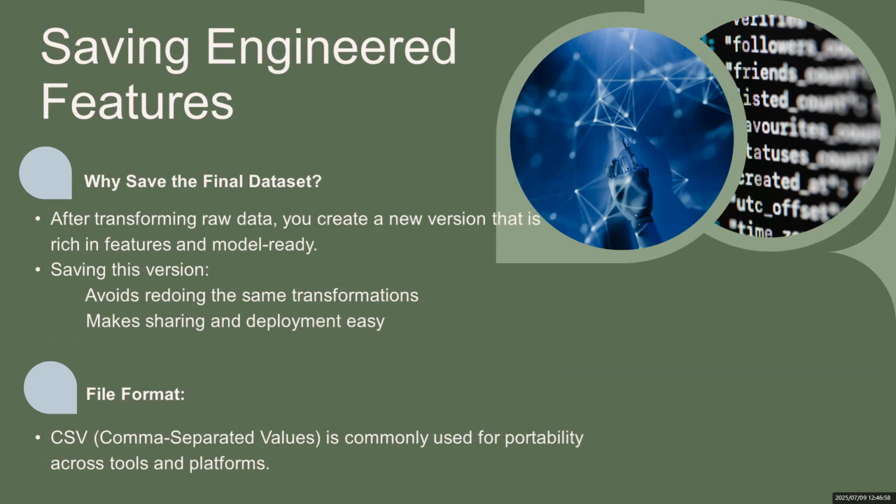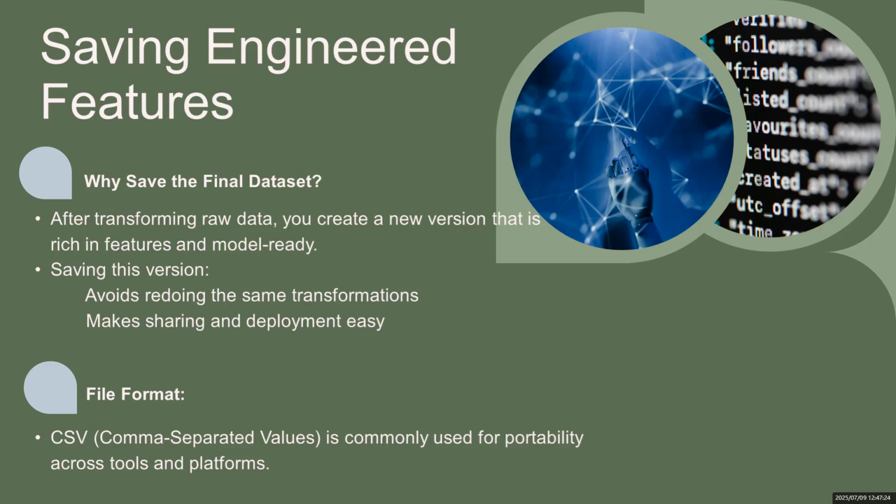So why save the final data set? After transforming raw data, you create a new version that is rich in features and model ready. So therefore, saving this version avoids redoing the same transformation all over again, and it also makes it easy for you to share and deploy.